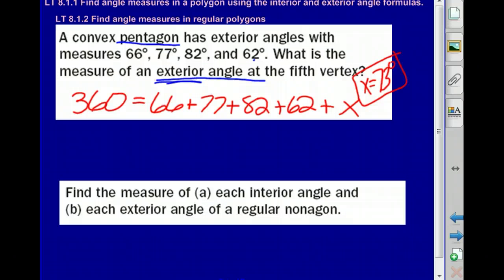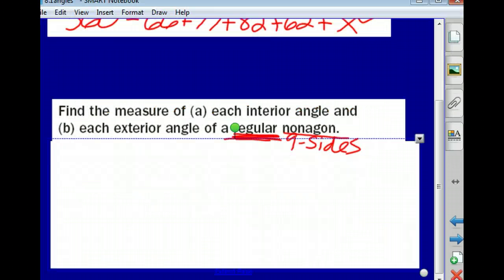The last one, find the measure of each interior angle and each exterior angle of a regular nonagon. Nonagon is 9 sides. Regular means all angles are the same. We'll start with A. We want each interior angle, so we're going to use theorem 8.1, n minus 2 times 180.